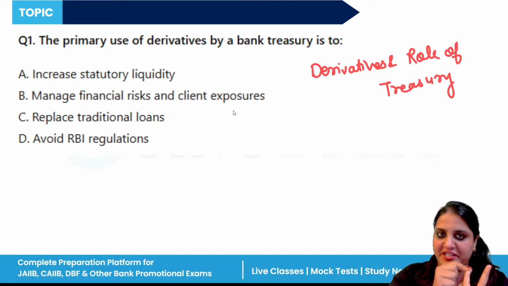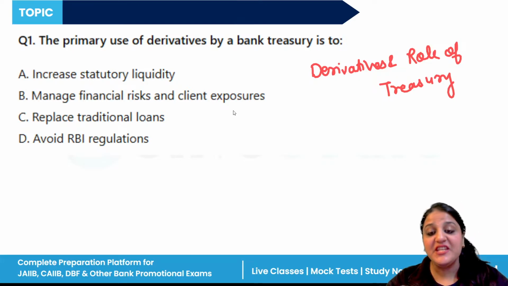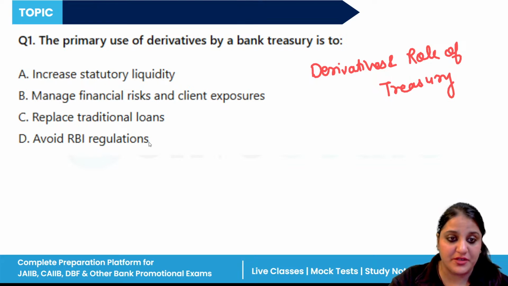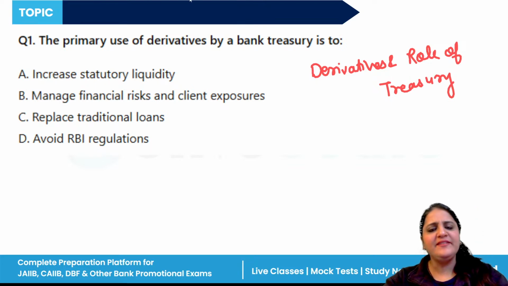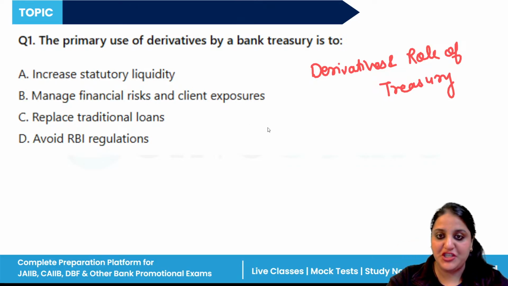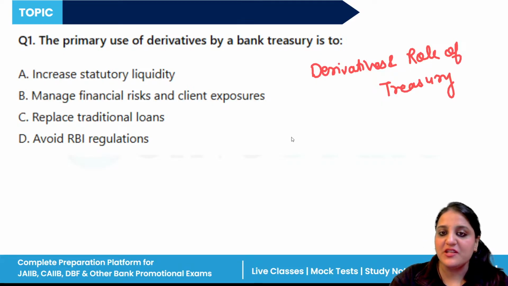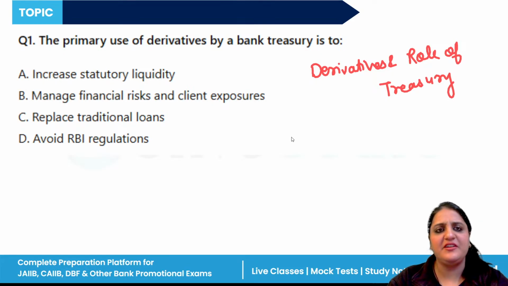Risk management, where they manage asset liability management risk, interest rate risk, and exchange rate risk. Client requirement, especially for corporate customers, hedging the forex and interest rate exposure. And third is trading purpose, taking trading positions for treasury profit generation. So derivatives are derived value instruments and treasury functions are risk management, client service, trading.